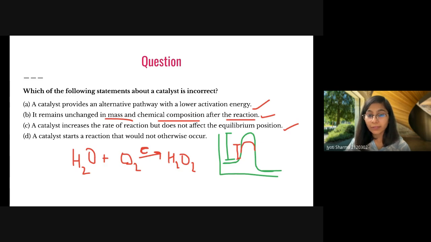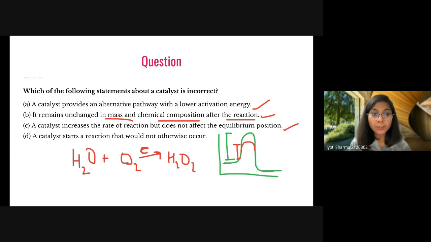Why is it not affecting the equilibrium position? Because the pace with which it is increasing the rate of the forward reaction will be equal to the pace with which the rate is increasing in the backward reaction. So that's why it will not affect the equilibrium position.